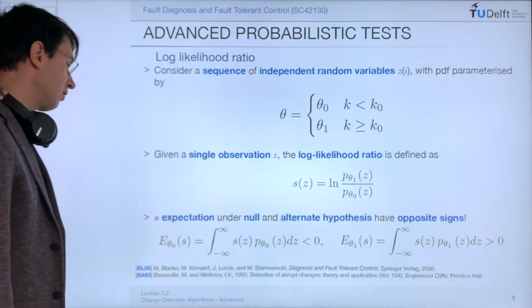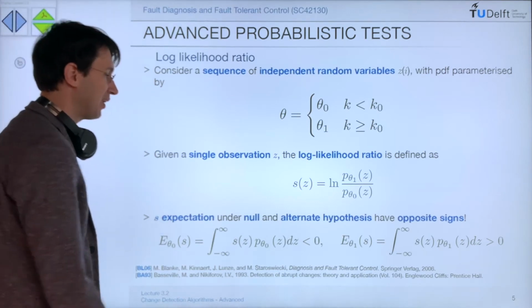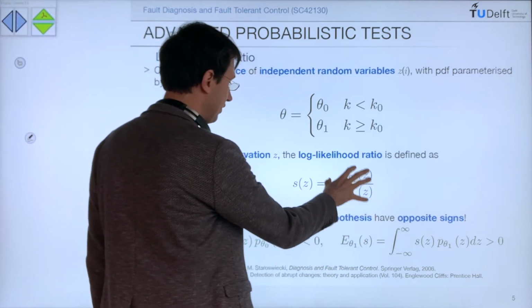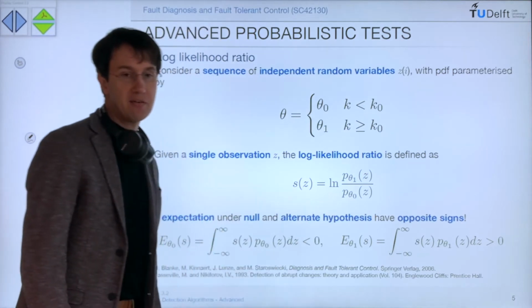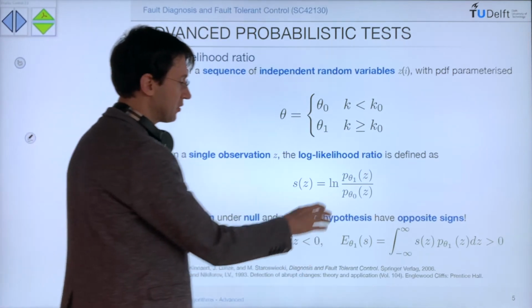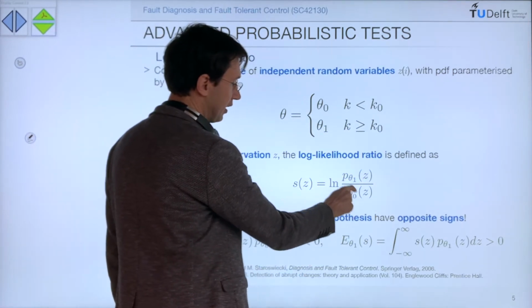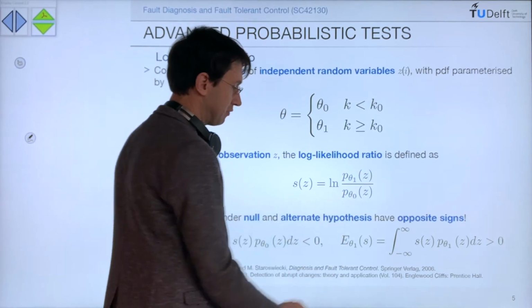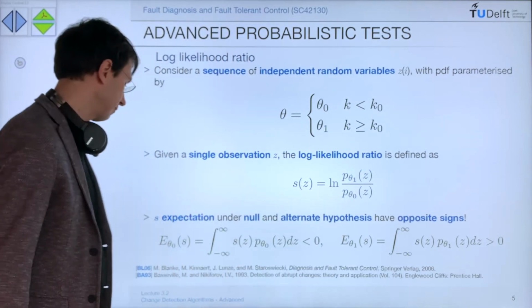One good thing about the log likelihood ratio is that it is itself a random variable, of course, because when you compute a function of a random variable, you still have a random variable.